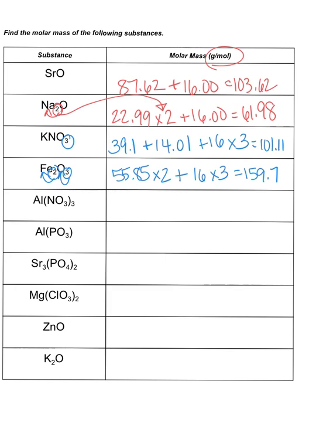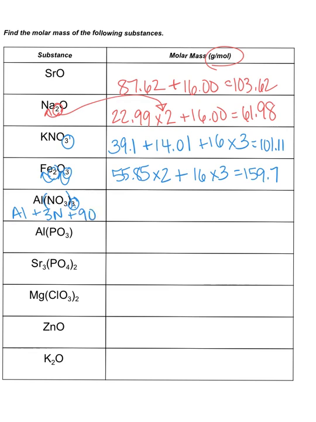Next, aluminum nitrate. For this one, it becomes a slight bit trickier because this 3 acts on everything in the parentheses. So I'm going to have 1 Al, 3 Ns because 3 times 1, and for the oxygen, it's 3 times 3, so I'm going to have 9 Os.